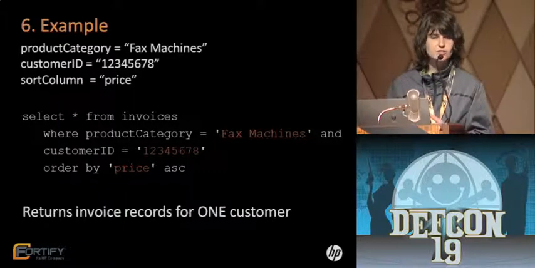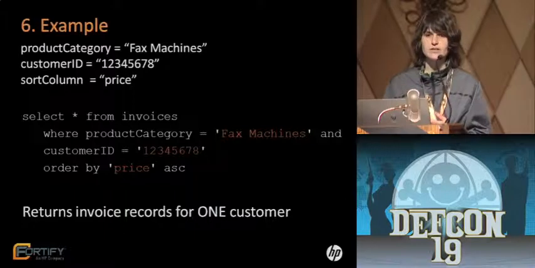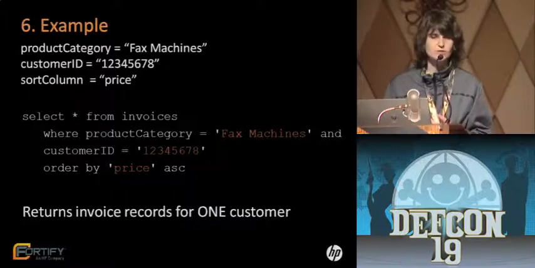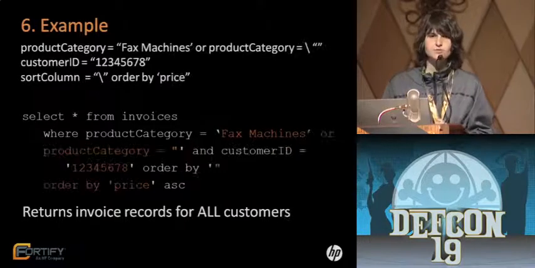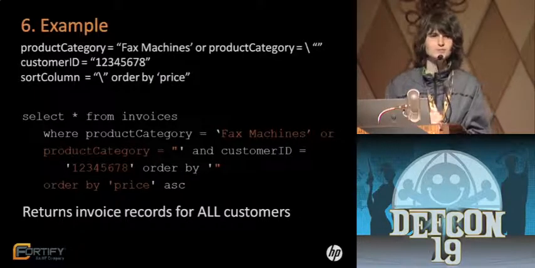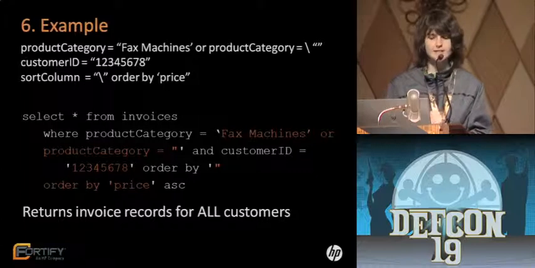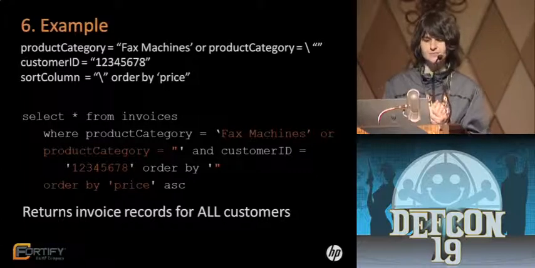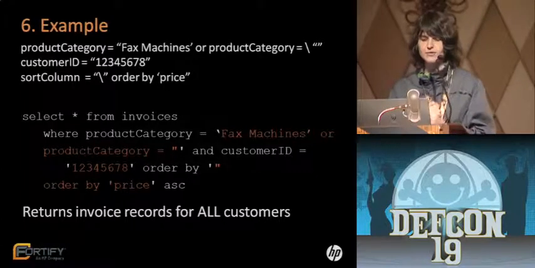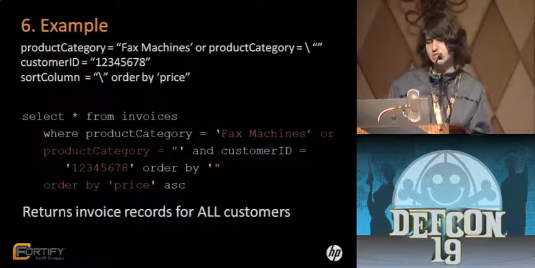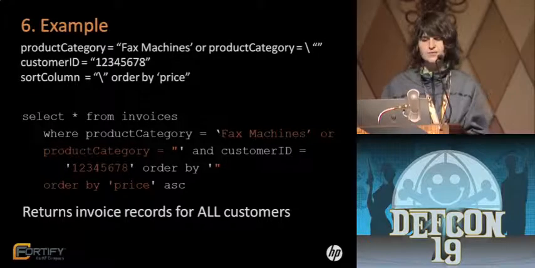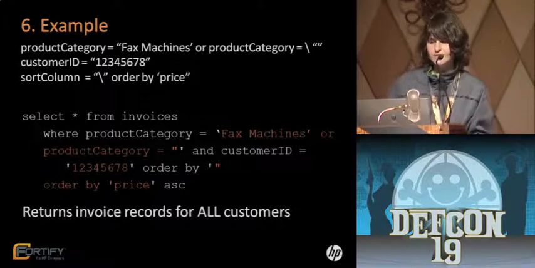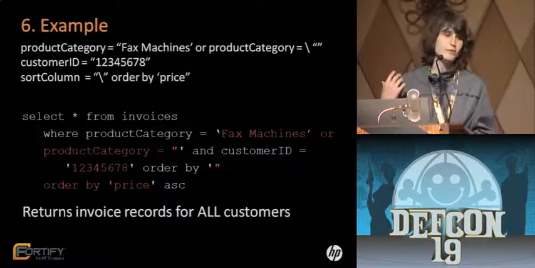And basically, it returns you invoice records for one customer, whose customer ID is 1, 2, 3, 4, 5, 6, 7, 8. However, if you have some piece of untrusted data come in, and because of that, the product category is set to something like fax machines, or product category equals \quote. Customer ID is 1, 2, 3, 4, 5, 6, 7, 8, and sort column is \quote order by price.